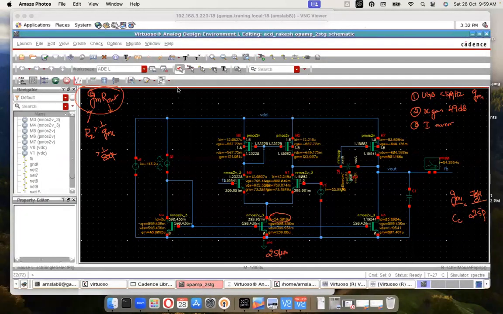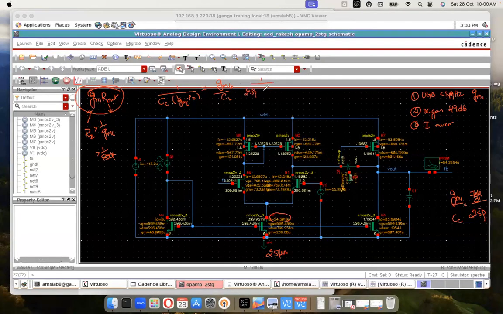Okay, so it is 1 by CC into 1 by GM minus RZ, and this should be equal to GM by CL, because you would like to cancel the second pole. Second pole is GM6 by CL, right? So CL value we have, that's 10 pico. GM6 value we have, RZ we have to calculate. So if I put 1 by 2.5 pico into 1 by 1.25 K minus RZ equals GM6.